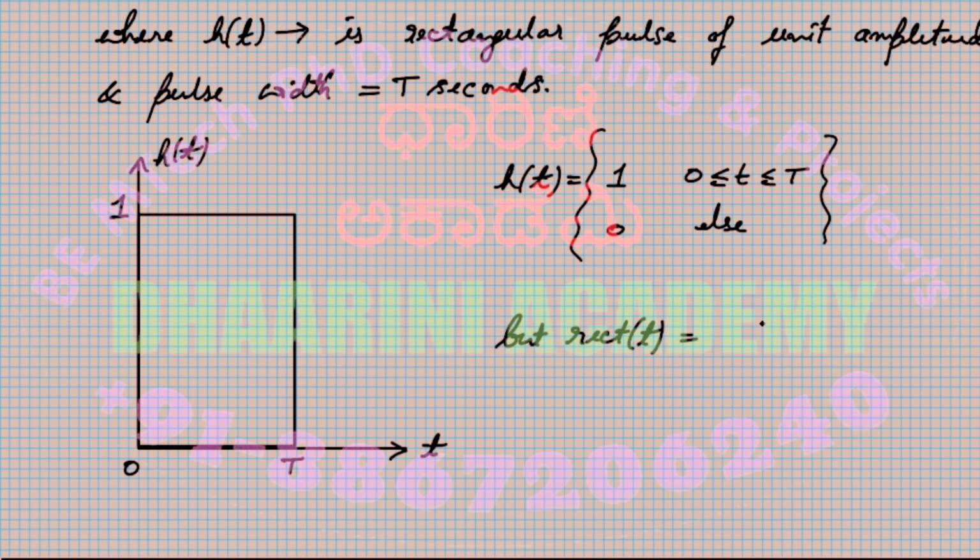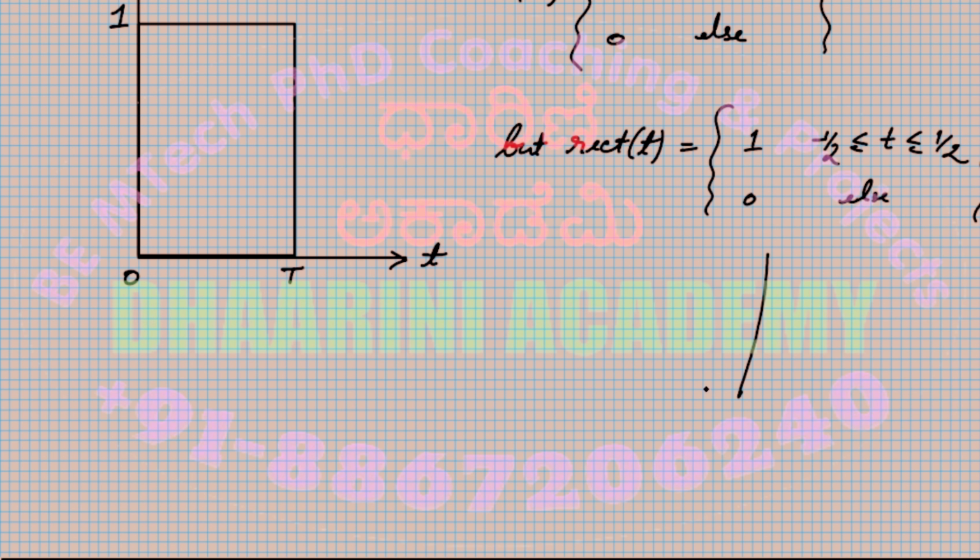So this is 1 for minus half less than or equal to t less than or equal to plus half, and this is going to be 0 else. This is the original format of a rect function. So just check that out. So this, sorry, I'll write it neatly. So the rect function, if you want to plot, this is the standard rect function which we are talking about.